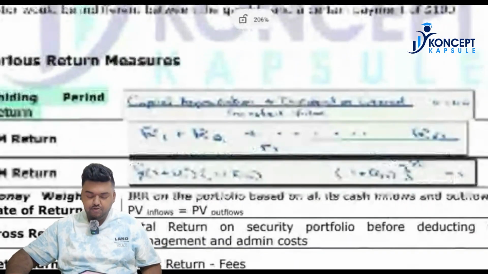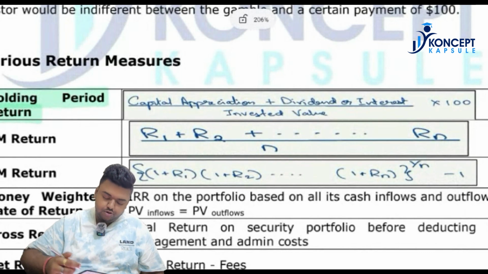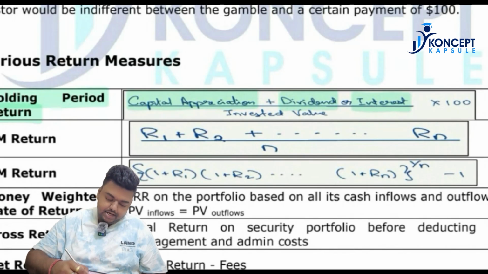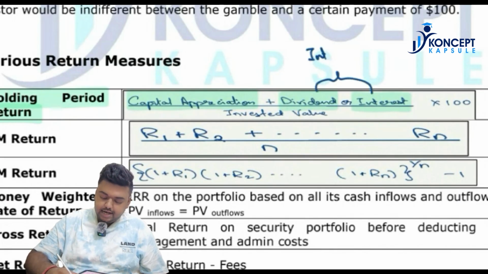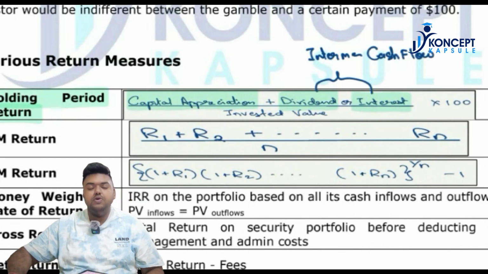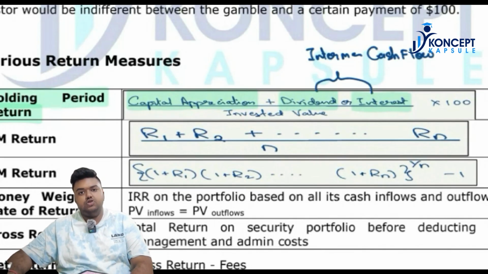What is the formula? It is capital appreciation plus dividend or interest. So basically it is nothing but capital appreciation plus intermediate cash flow. Now if you invest in a stock, you will get dividend.